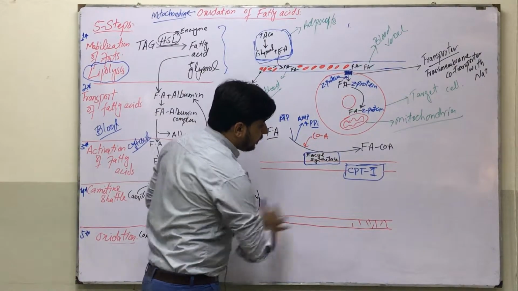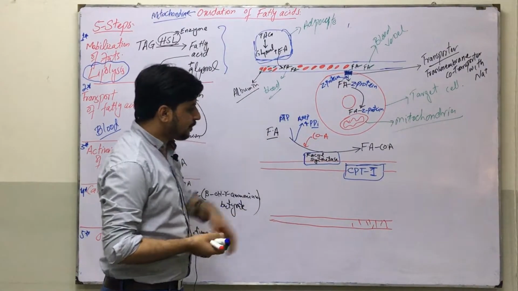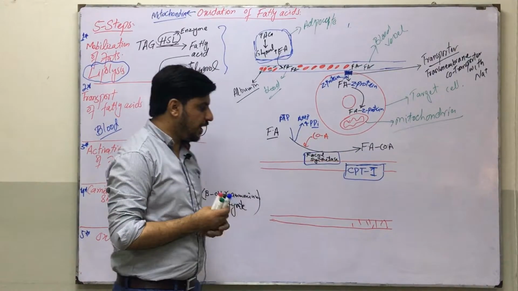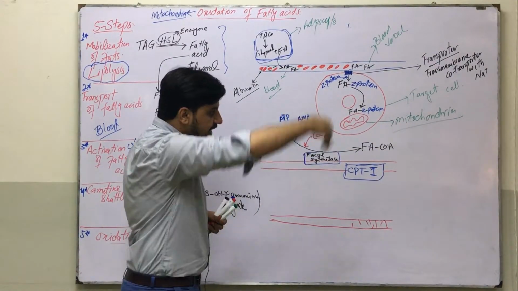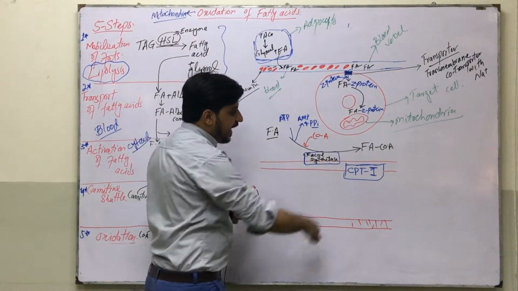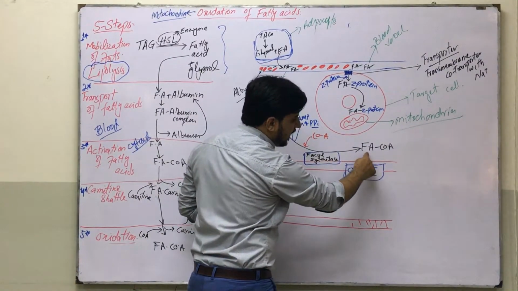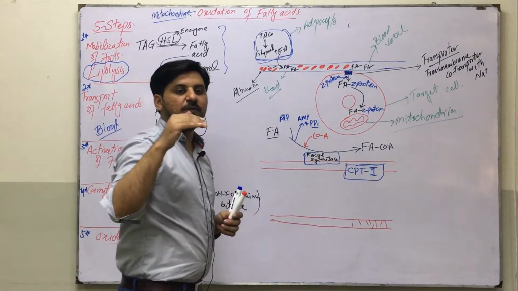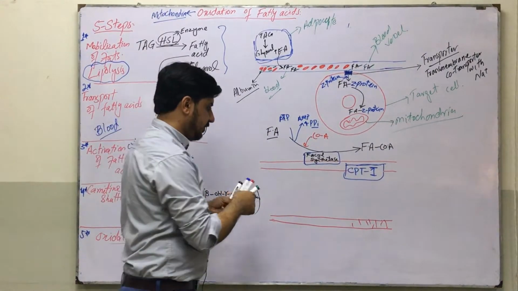So remember this point. And with the help of CPT1, from this fatty acyl CoA, CoA is removed, and fatty acyl CoA is converted into fatty acyl carnitine.